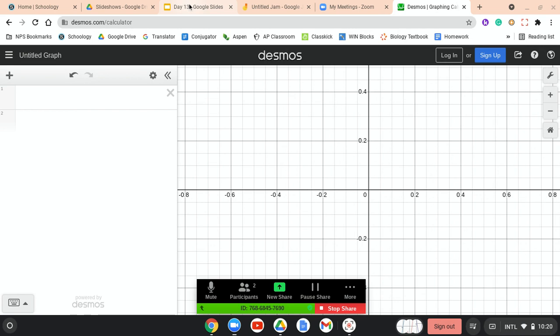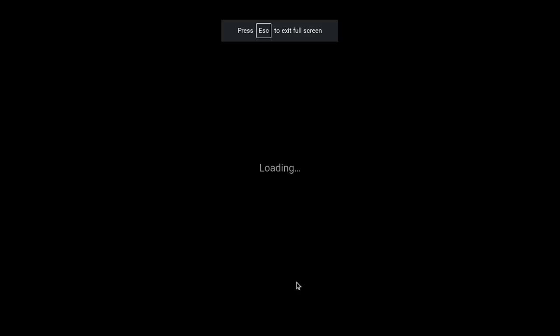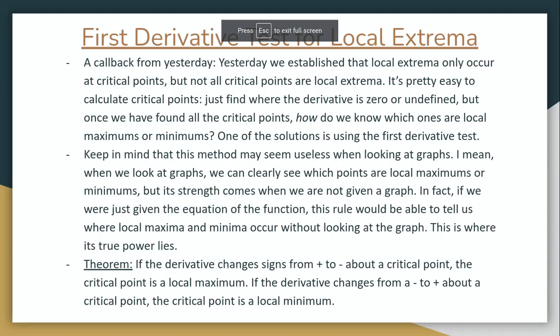Cool, awesome. So I'll reiterate. The power of the first derivative test does not come from looking at graphs. It's so easy to see where a maximum or minimum will or will not be if we're looking at a graph. But if we're just given the equation of a function, that's where its power comes in, because we can use the first derivative test to figure out where maxima or minima are going to be if we're just given the function and not the graph.